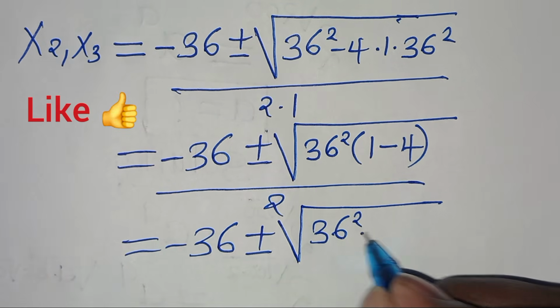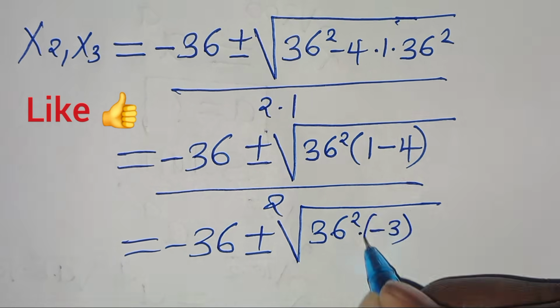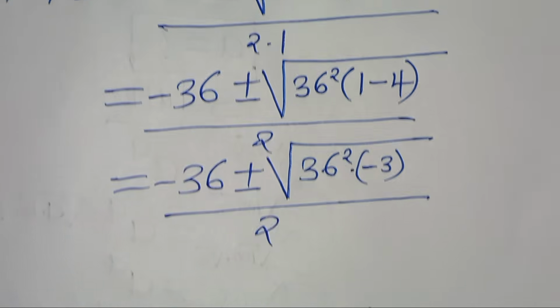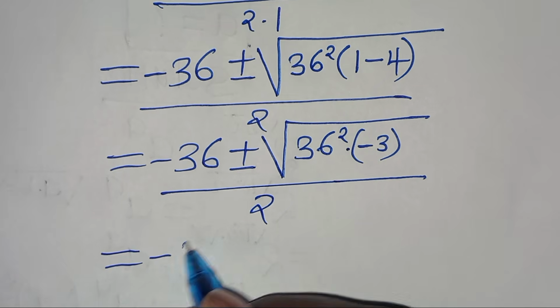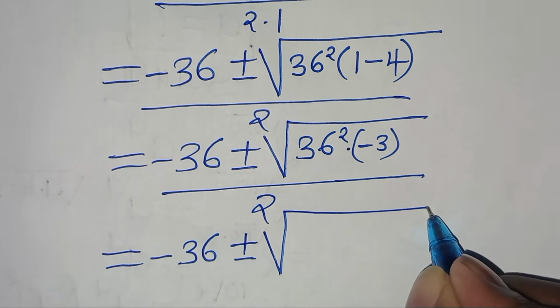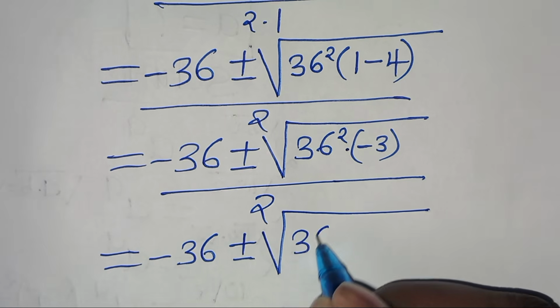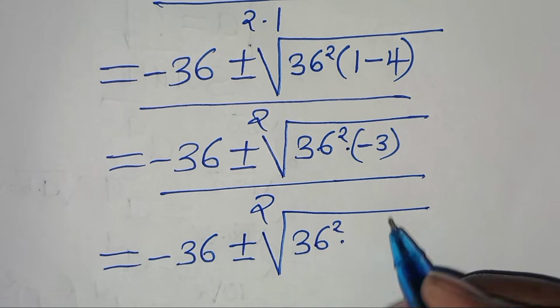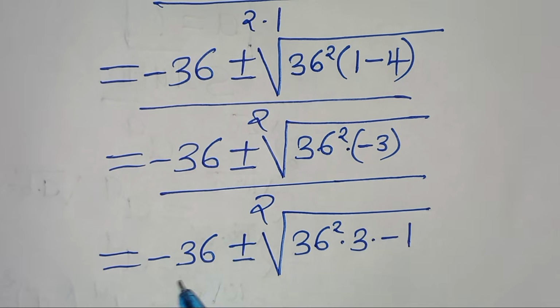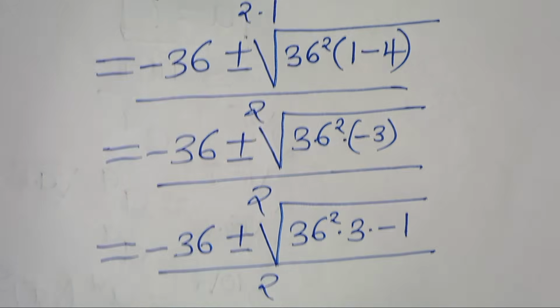This is negative 3. We have negative 3 here divided by 2. So this is negative 36 plus or minus the square root of 36 to the power of 2 multiplied by negative 3, which is the same thing as 3 times minus 1, divided by 2.